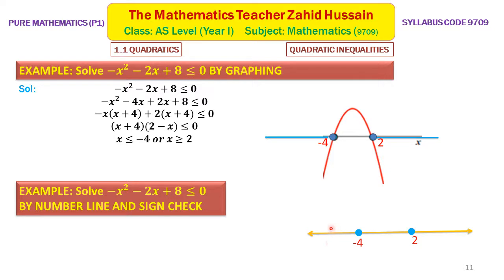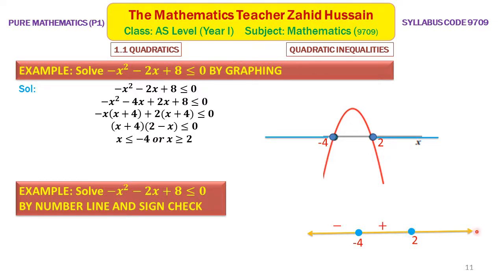Here there is -5 on this side, so -5 plus 4 is -1, and 2 plus 5 is 7. -1 multiplied by 7, you will get a negative sign. In this region, 0 is included. From -4 to 2, put 0 here. 0 plus 4 is +4, and 2 minus 0 is +2. So +4 multiplied by +2 will give you +8, which is positive.